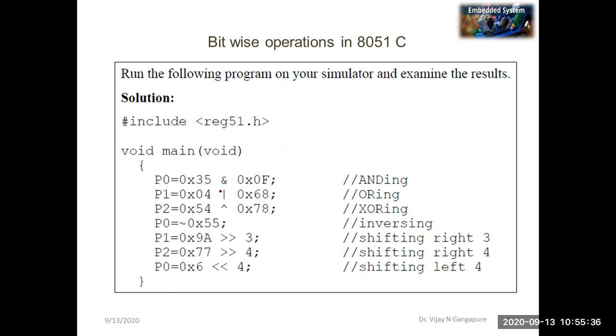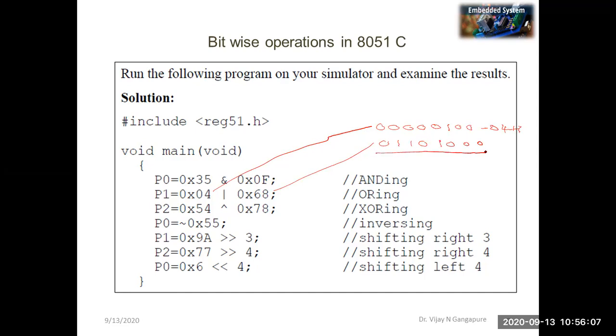Now we will perform this bitwise OR operation. This data is 0 0 0 0 0 1 0 0, and 4 means 0 1 0 0, so this is 04H. Next, 68: 0 1 1 0, this is 6, and 8 means 1 0 0 0.